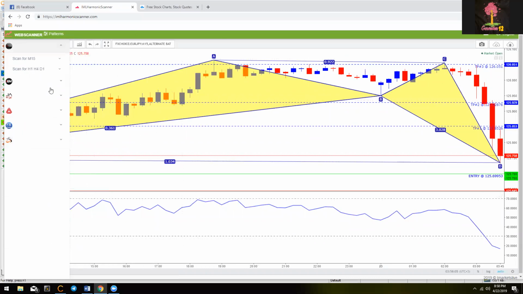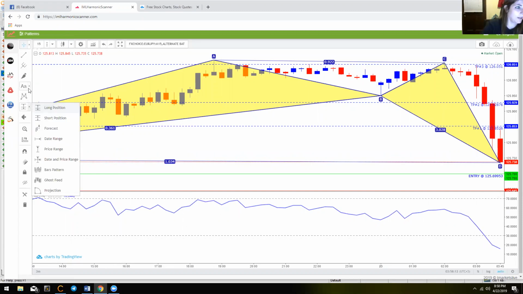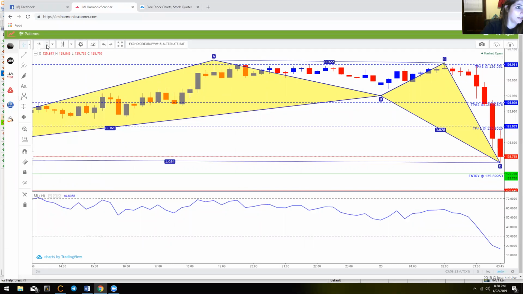You just go at top and hit the word patterns. Oh, there you go. Okay, so to get the Fibonacci tool, I don't know where it is on here. Try the pitchfork.